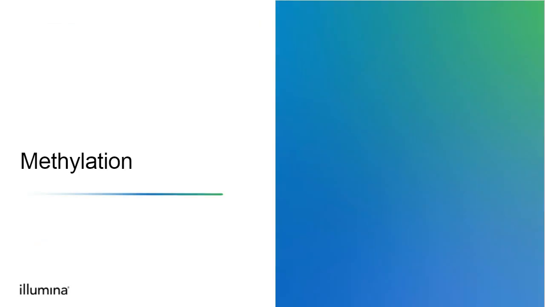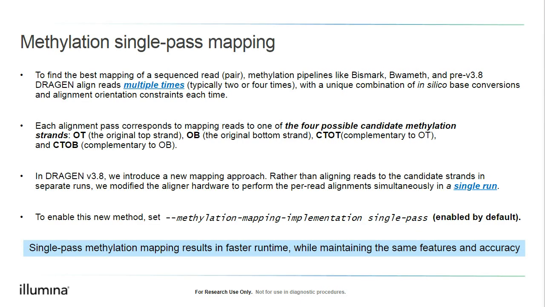I wanted to jump to some major updates that we have also made to our methylation pipeline. If you're running any methylation experiments, some of the tools that are widely used are Bismark and BWMeth. We also have a DRAGEN methylation pipeline that has been part of our offering for a long time.